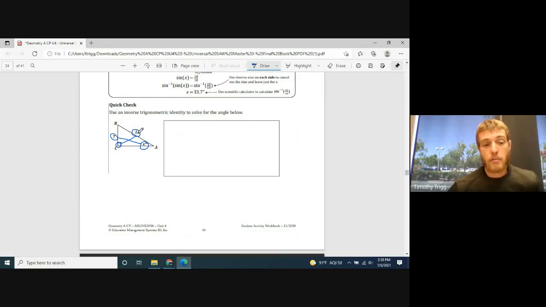So which trig function involves opposite and hypotenuse? Well, that's sine. So we're going to be using sine in this case because sine involves opposite and hypotenuse. Now the angle always goes in here in the trig function, but we don't know what that angle is. So we're going to put x here. We know it's opposite over hypotenuse. So that's 7 over 12.